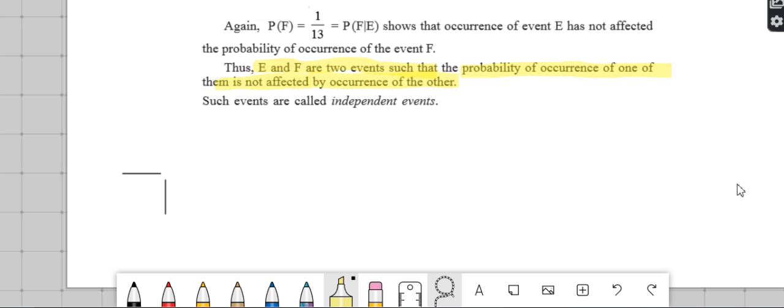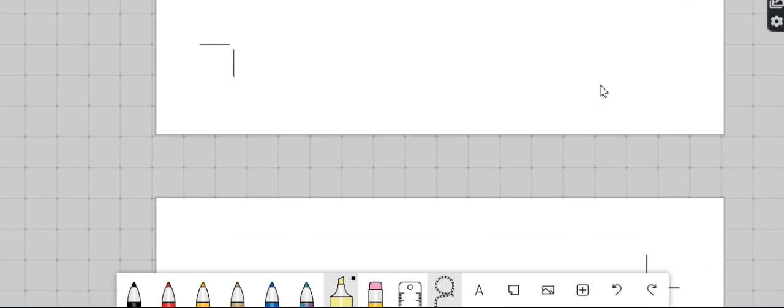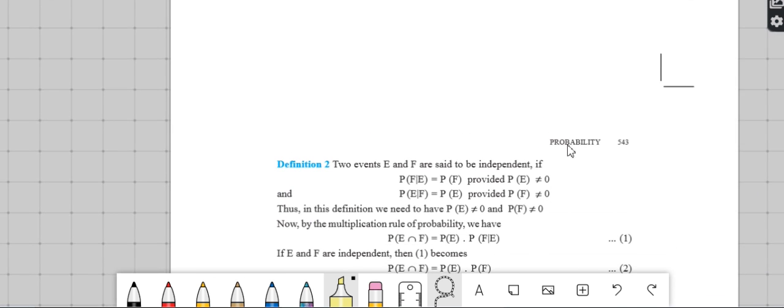Means if one event is occurring and its occurrence or non-occurrence does not affect the probability of the second event, then these two events are known as independent events. So here mainly in exercise 13.2, we will use this concept of independent event.